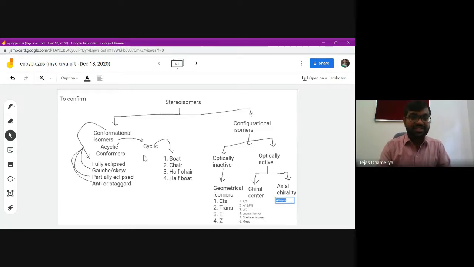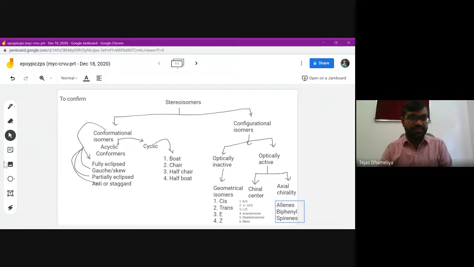Allenes are molecules which can have this kind of chirality. Then biphenyls. Biphenyl is also in this class. We can have other molecules called spirans or spiranes. They also have axial chirality.